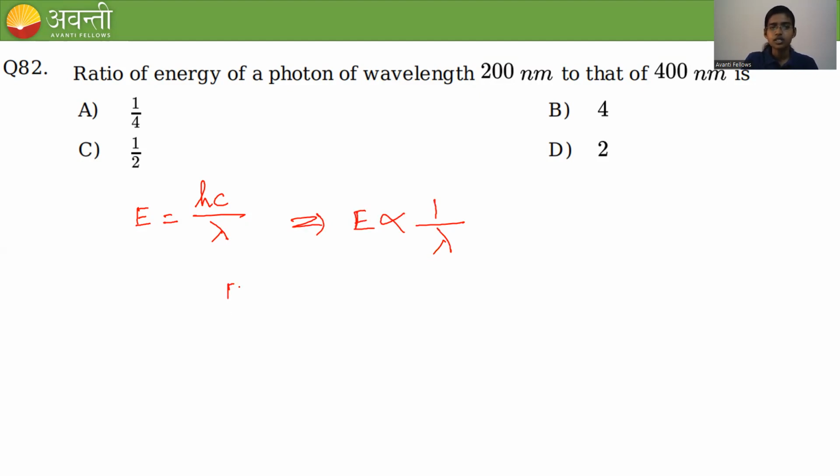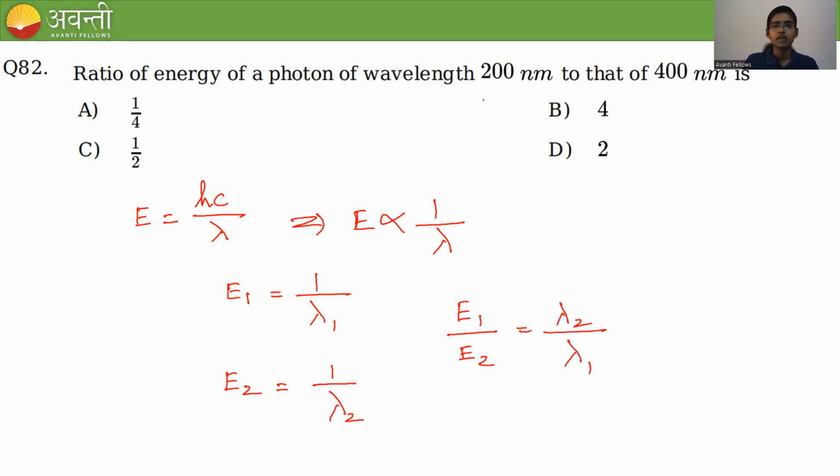Okay. So what is E1? E1 is proportional to 1 by lambda 1 and E2 is proportional to 1 by lambda 2. So what is the ratio E1 by E2? It is equal to lambda 2 divided by lambda 1, right? Lambda 1 is equal to 200 and lambda 2 is equal to 400.